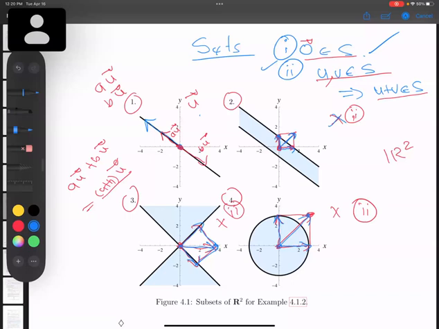However, this line over here is something like u times any lambda. A line is a vector times a constant, and it passes through 0.